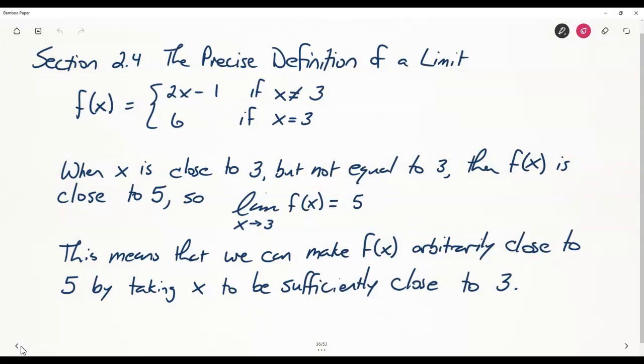I'm not actually going to get to the formal definition of the limit yet, but I at least want to talk about the motivation for what section 2.4 is going to talk about.